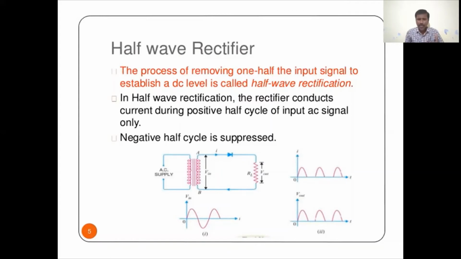In case of a negative half cycle as input to this diode, it does not conduct. Then it is suppressed. There is no output voltage collected by the load resistor.